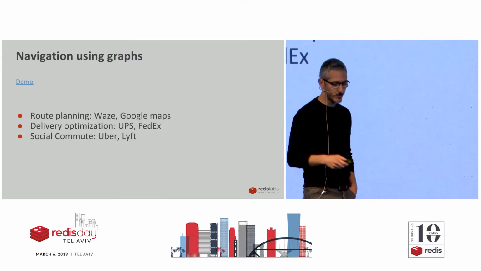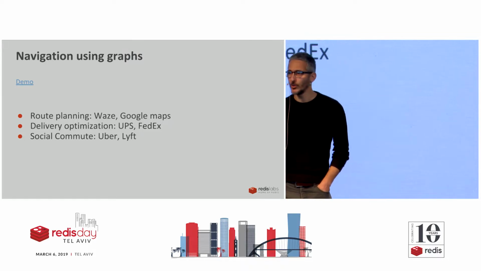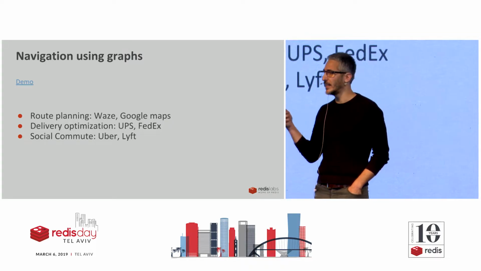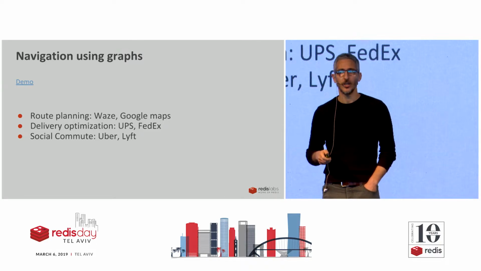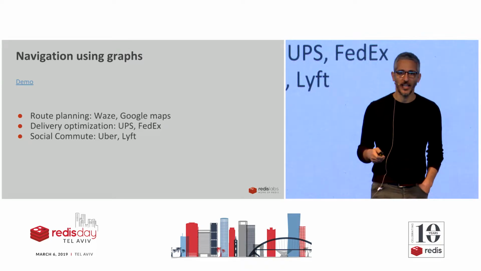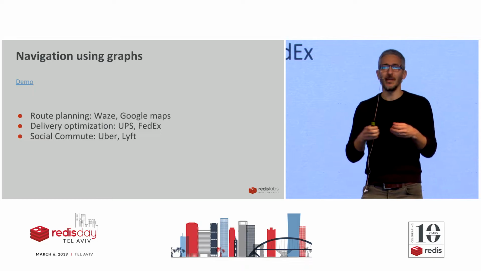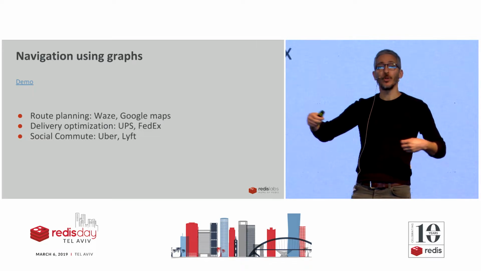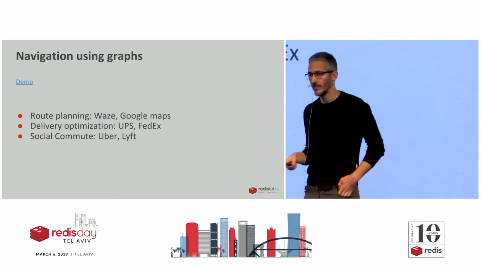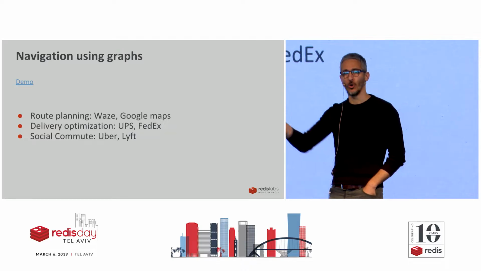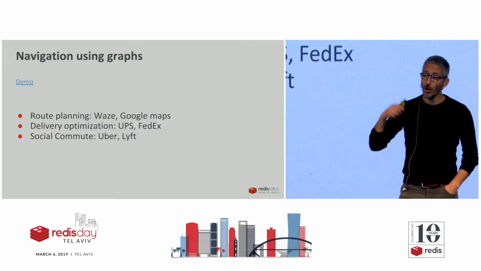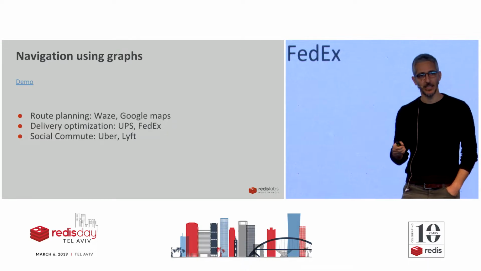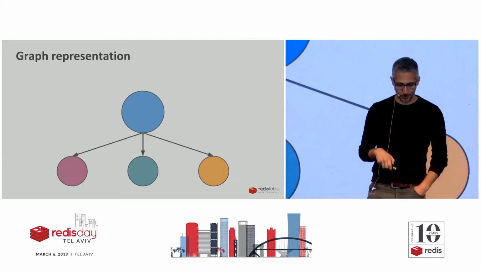And the last one is social commute. Companies like Uber and Lyft, if you ever use their shared ride, are basically computing an on-demand route, because people might want to join an ongoing ride. So all of these, behind the scenes, are using graphs.